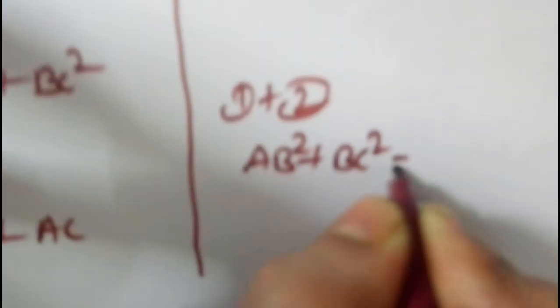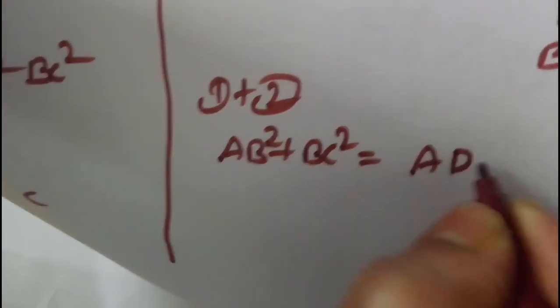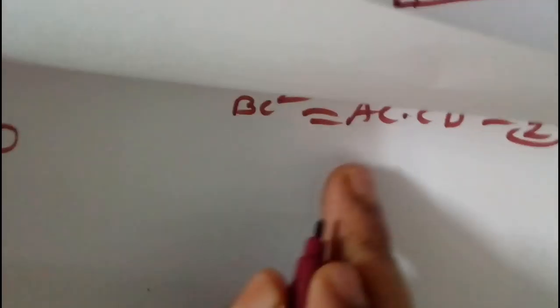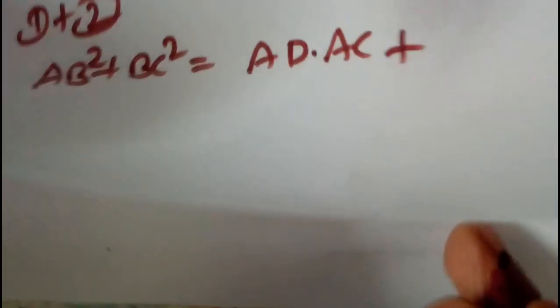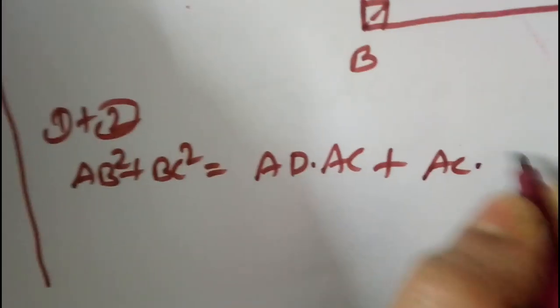By adding equation 1 and 2. Equation 1: AB square is equal to AD into AC. Equation 2: BC square is equal to AC into CD. Adding, AB square plus BC square is equal to AD into AC plus AC into CD.